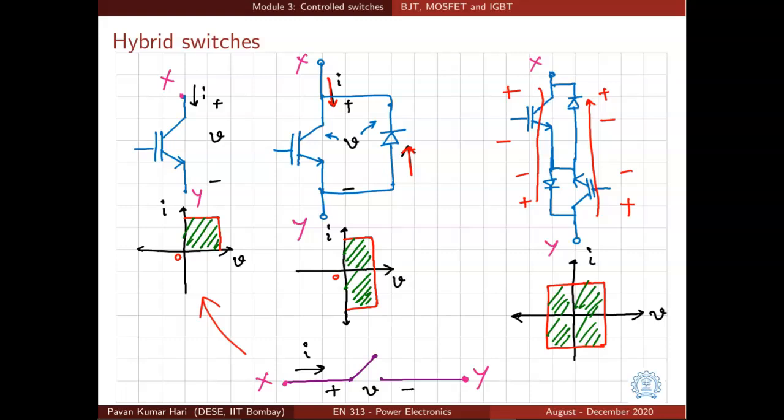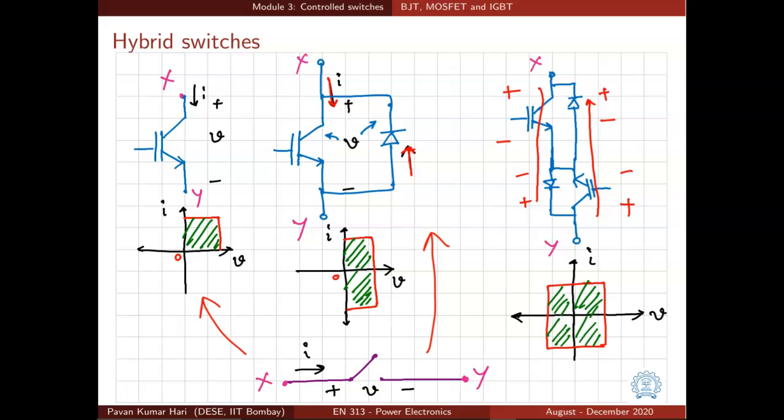But if the voltage blocking requirement is the same and current needs to be bidirectional, then one has to go with the second option. Why? Because the anti-parallel diode will allow current flow in the reverse direction, but it will also block voltage in the same direction.